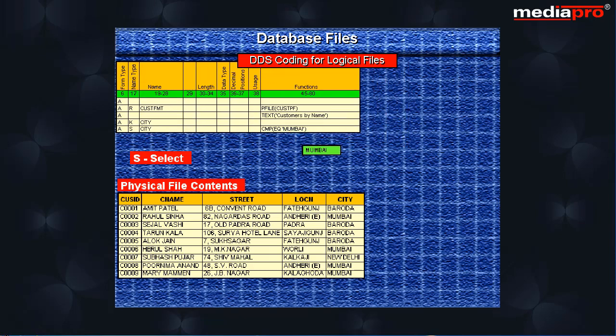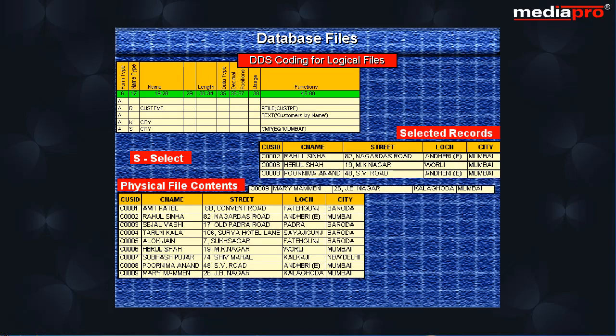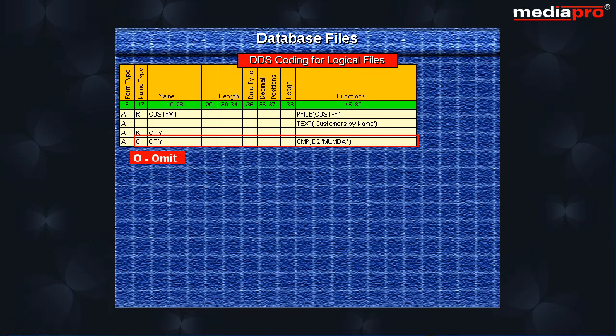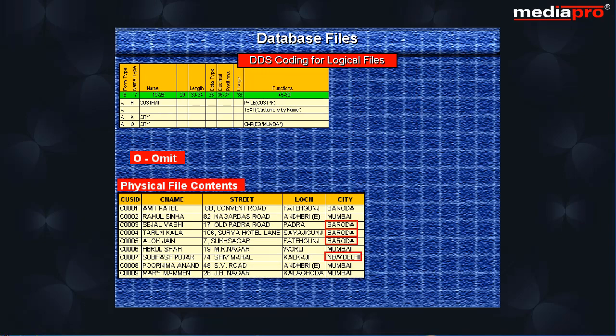The value of the city field in each of the records is compared with Mumbai, and only the matching records will be selected. The omit logic works in a similar manner. We can, for example, say omit all the records where the city is equal to Mumbai.